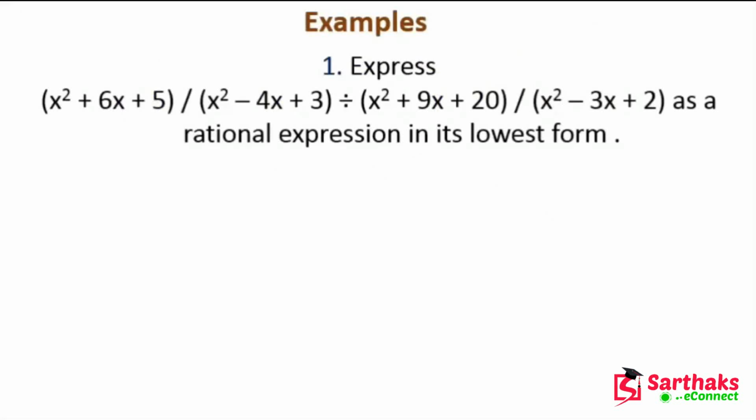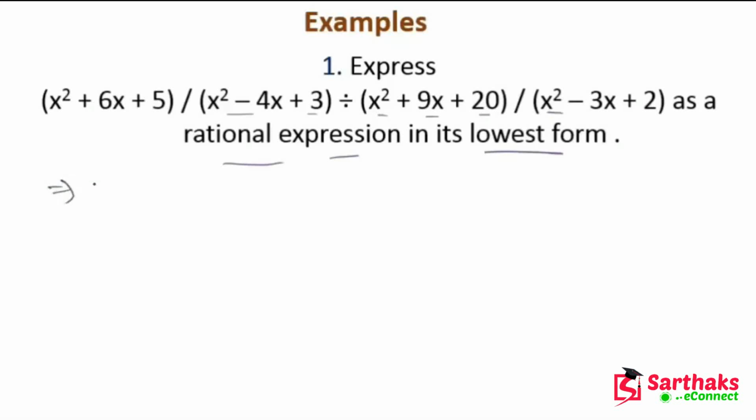So the question based on the topic is, question number 1: express x square plus 6x plus 5 upon x square minus 4x plus 3 divided by x square plus 9x plus 20 upon x square minus 3x plus 2 as a rational expression in its lowest form.